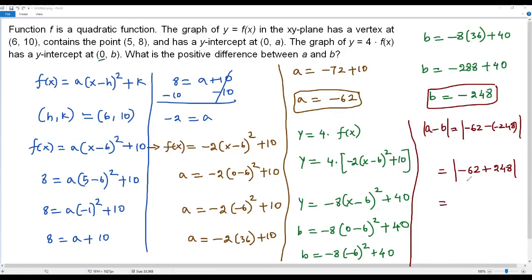Now when I combine negative 62 and positive 248, I am getting absolute value of positive 186. Here we got a positive value inside the absolute sign. In case we get a negative value over here, I will be taking it as a positive value because of the absolute sign. Anyways, it equals 186. So the positive difference between a and b equals 186.